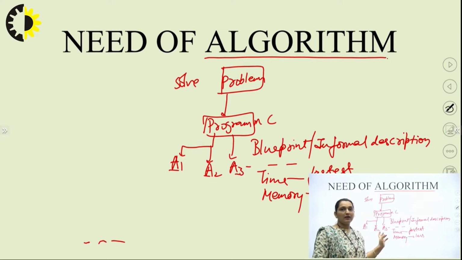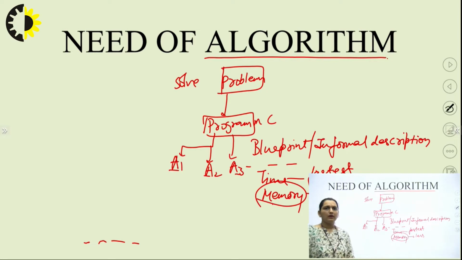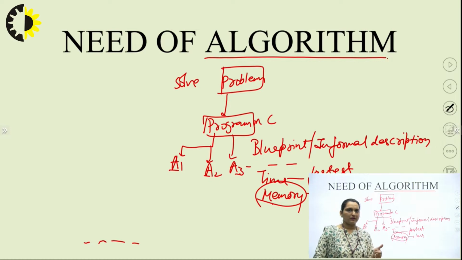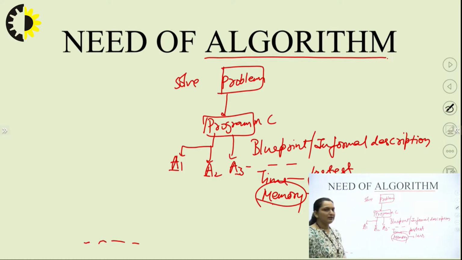So we have many algorithms as solutions for the problem. We have to select the algorithm that is fastest, delivering a solution in minimum time, and that takes less memory. So we have two criteria for selecting an algorithm: first, the fastest time, and second, less memory.